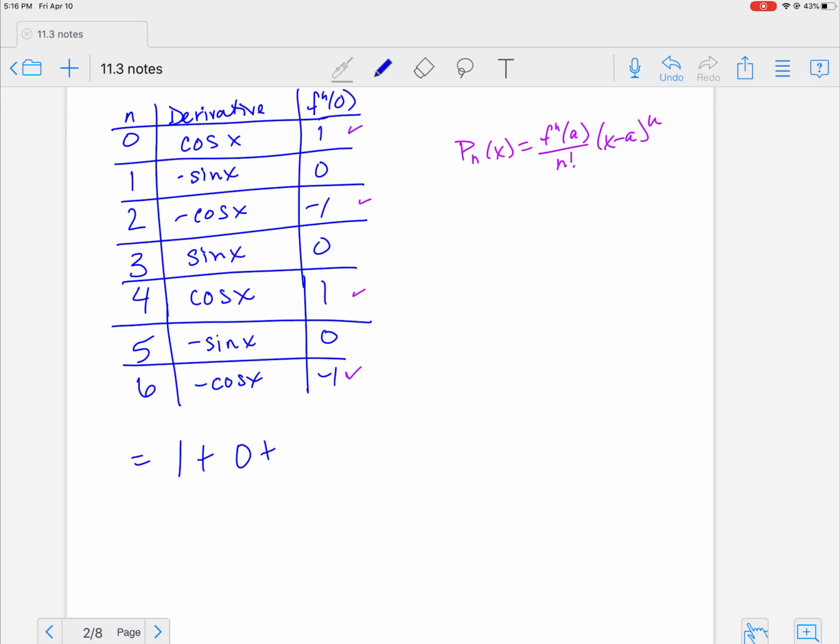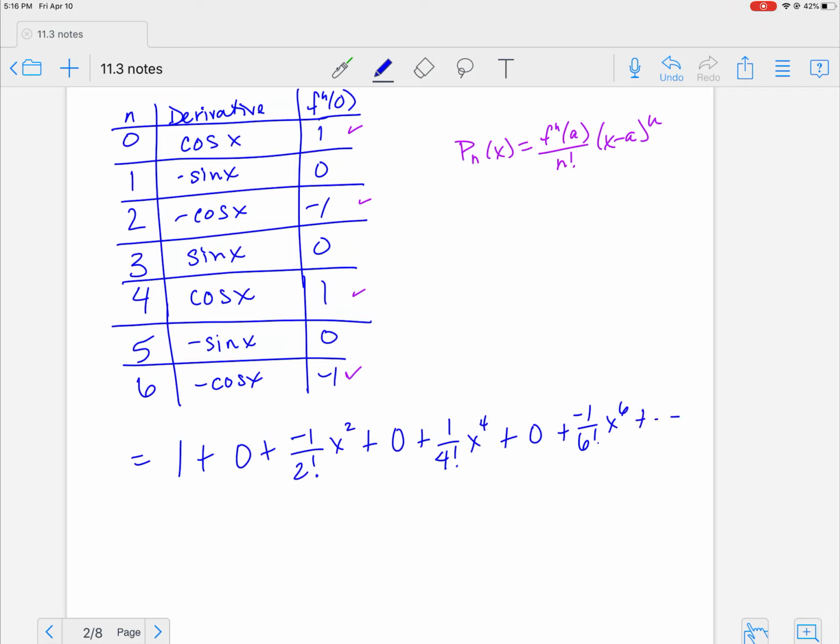And I like putting zeros in there the first time I do it because that always keeps me honest with my n values. So this next one is going to be negative 1 over 2 factorial times x minus 0 squared. So x minus 0 is x, plus 0 plus 1 over 4 factorial x to the 4th plus 0 plus negative 1 over 6 factorial x to the 6th.